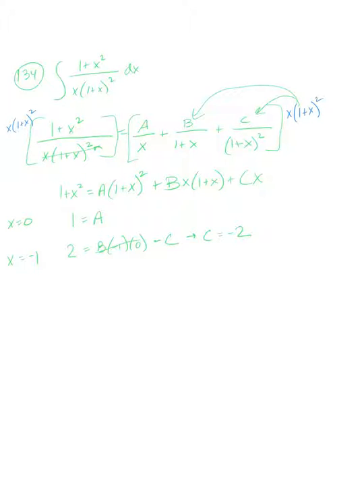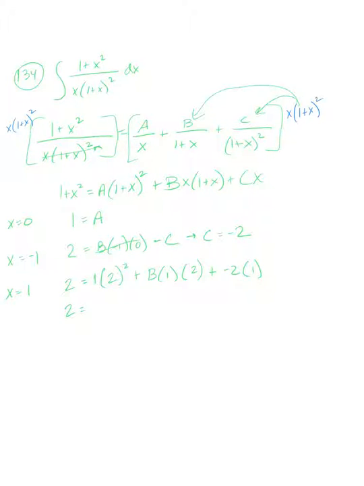Okay, now I'm going to pick any value of x I want. There is no third useful value of x, so I can just pick any value, maybe 1. So 1 plus 1 squared is 2. I know a is 1, so this is 1 times 1 plus 1, which is 2 squared, plus b times 1 times 2, plus c, which is -2 times 1.